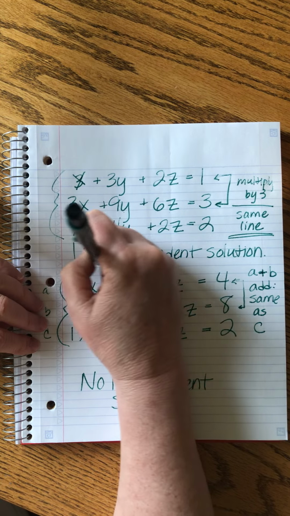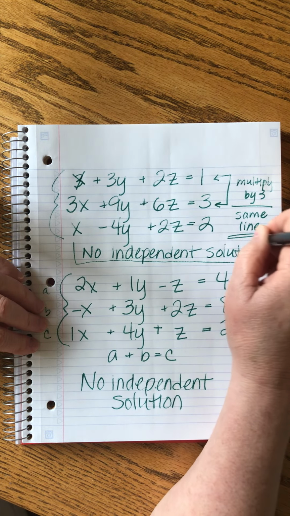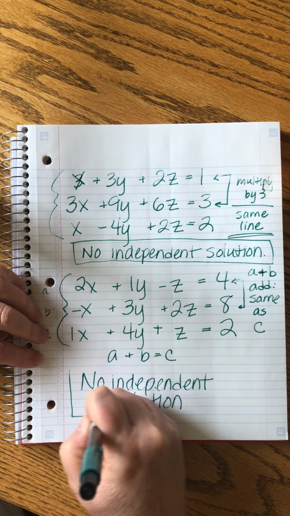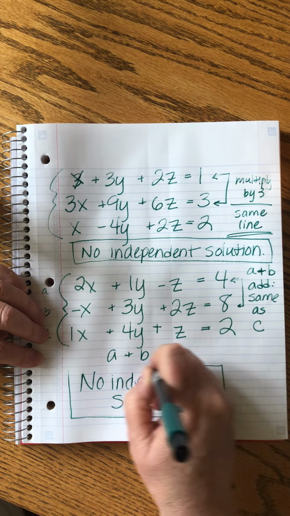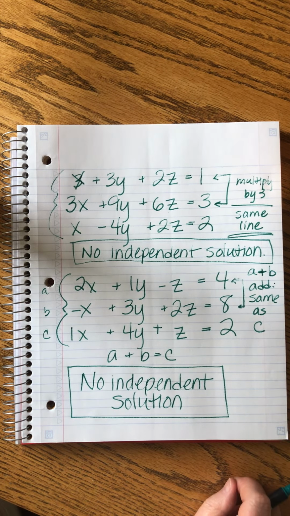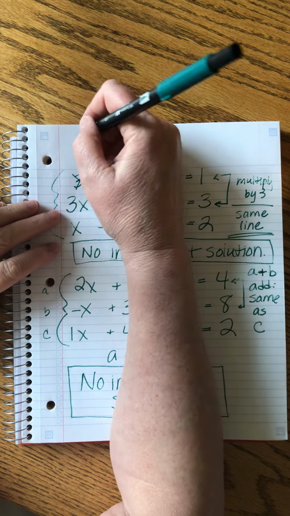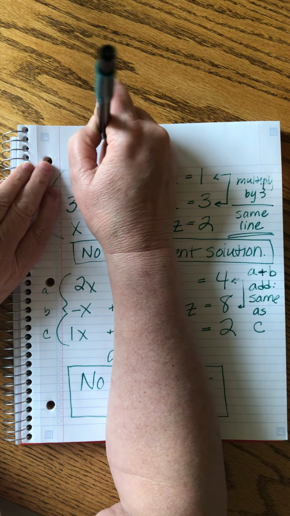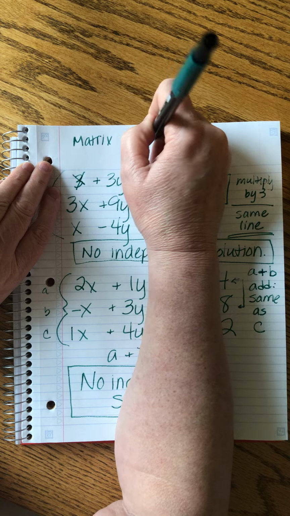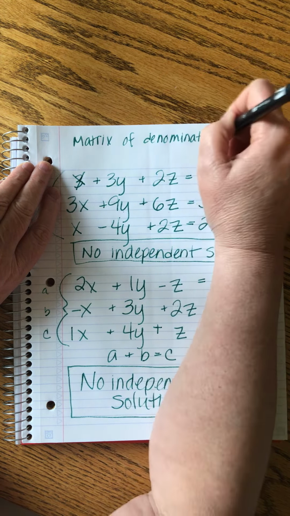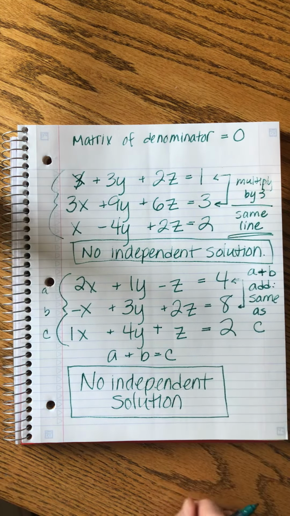Okay? So, the reason it's worth knowing all of this is because if you ever notice these patterns, as you're looking at a system of equations that you're being expected to solve, you will know that something is up. The other thing you will know is that the matrix of the denominator equals 0.